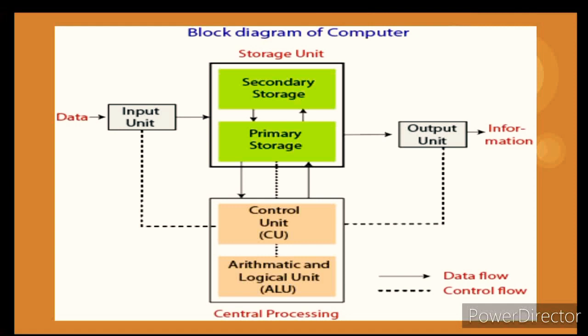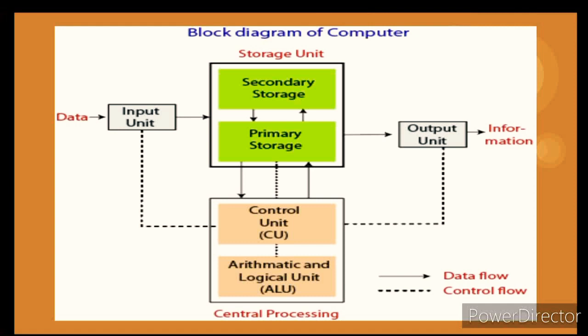Second unit is the arithmetic and logic unit. The arithmetic and logic unit, also known as the ALU, is the part of the CPU that carries out arithmetic and logic operations. An ALU performs basic arithmetic operations, examples are addition, subtraction, multiplication and division.